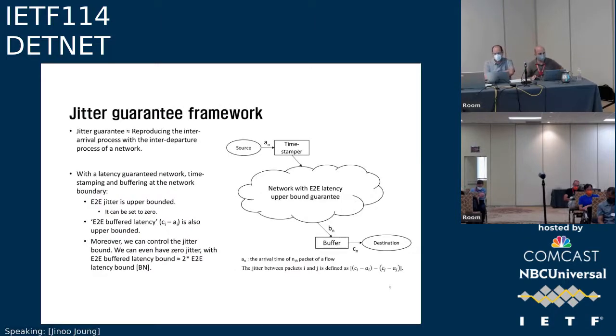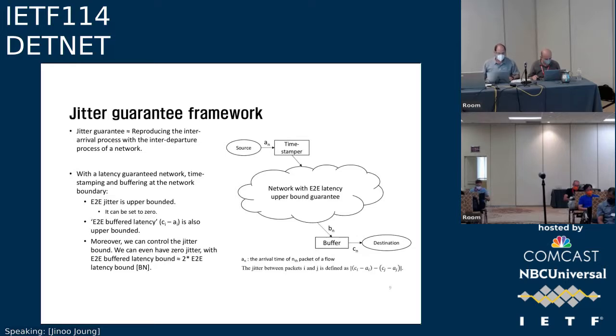Finally, based on those latency guarantee frameworks, we can also guarantee a jitter upper bound. Here, the jitter guarantee is reproducing the interruptible process with the inter-departure process of a network.